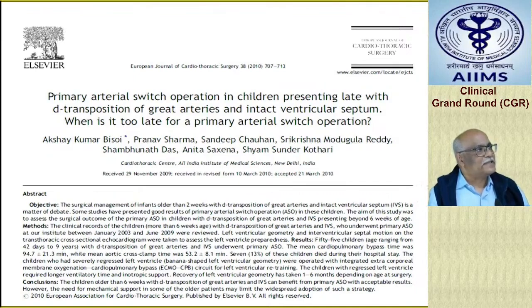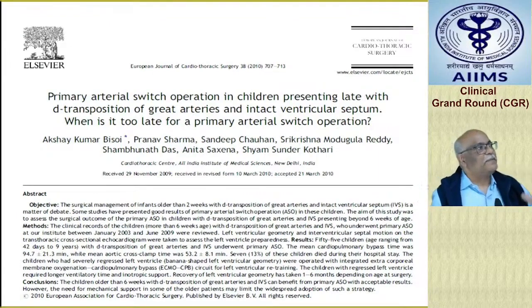So we avoided crisis, and by not duplicating the hardware, because in the OT we operate with 1 cardiopulmonary circuit and then in the ICU another circuit, the cost was compounding. So we reduced the cost, the crisis, and the chances of infection.